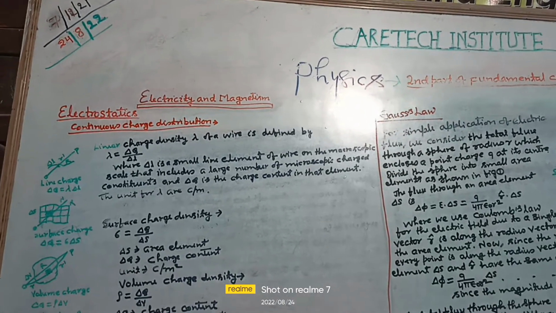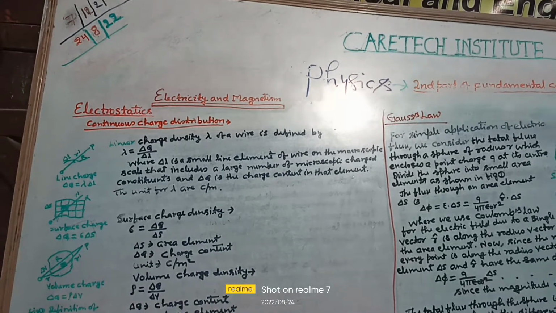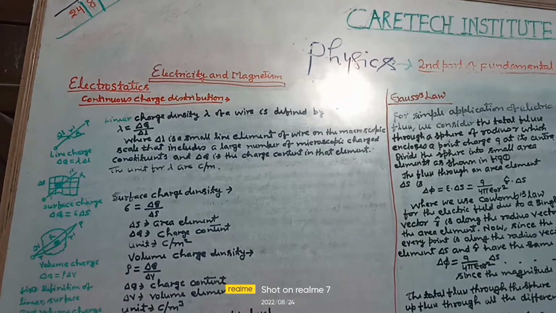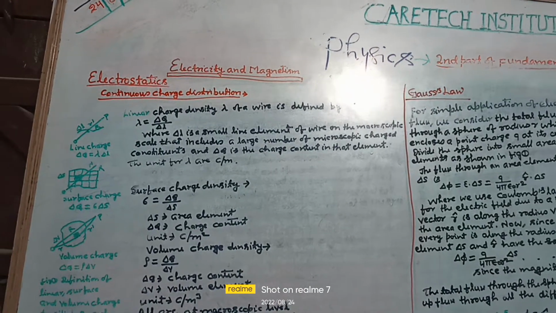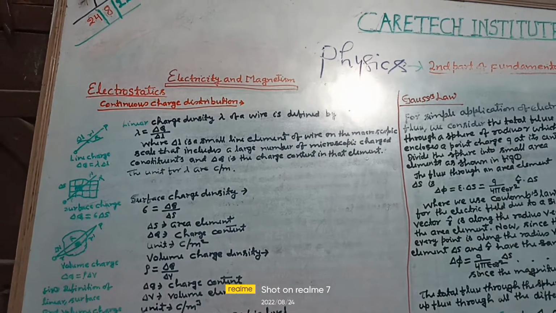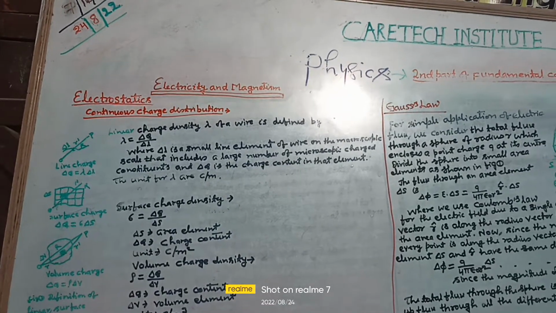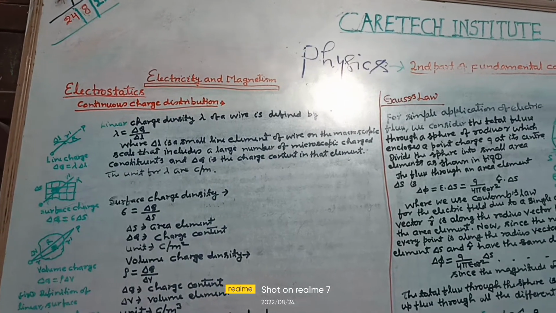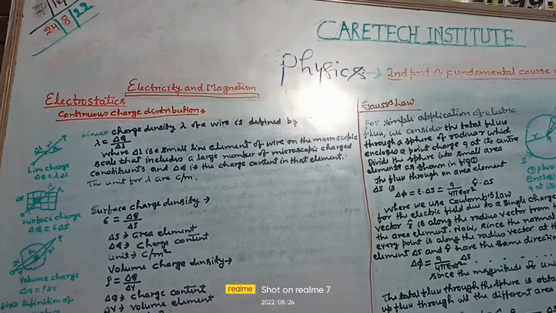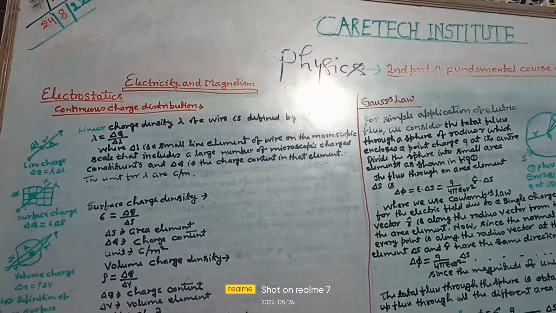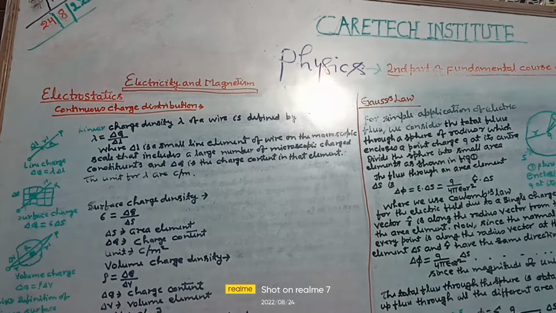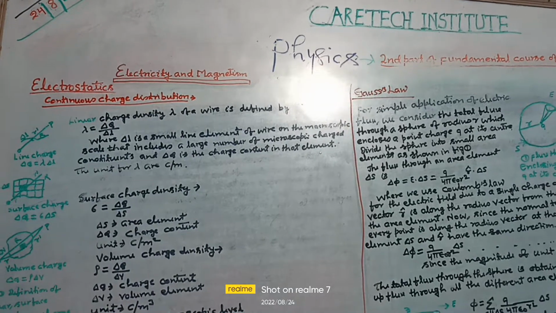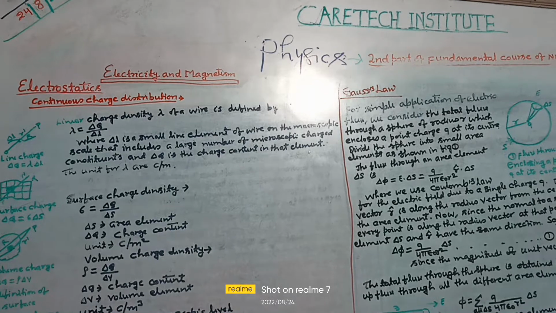Today we shall study continuous charge distribution in electrostatics. As shown in the figure, the linear charge density lambda of a wire is defined by lambda equals delta Q by delta L, where delta L is a small line element of wire on the macroscopic scale that includes a large number of microscopic charge constituents, and delta Q is the charge content in that element.